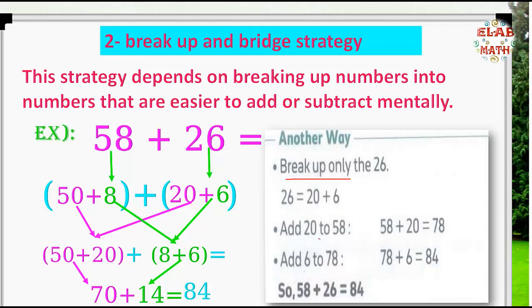First step, add 20 to 58, because we don't break up this number. 20 plus 58 equals 78. Take the same number here. 78 plus 6, the second number in ones. 78 plus 6 is 84. 84 is the answer. We get 84 here and we get 84 here. So if you want to use this strategy, you can break up two numbers or you can break up one number only.